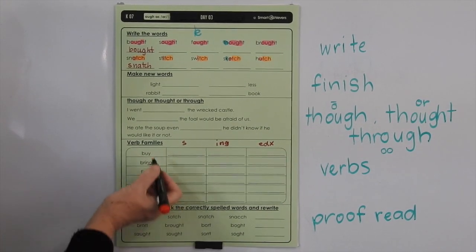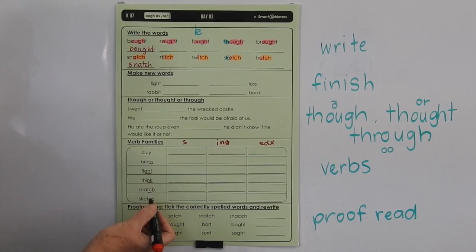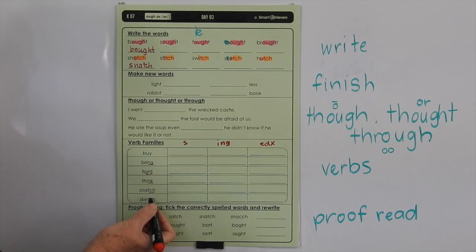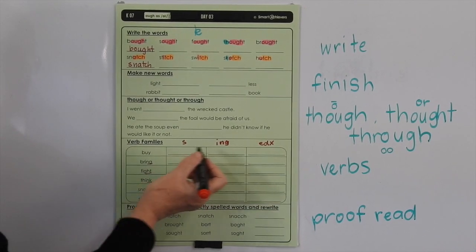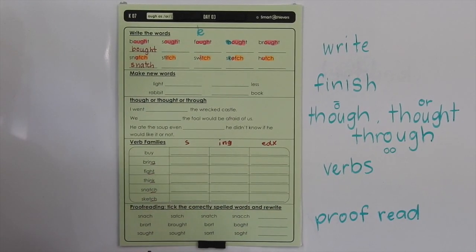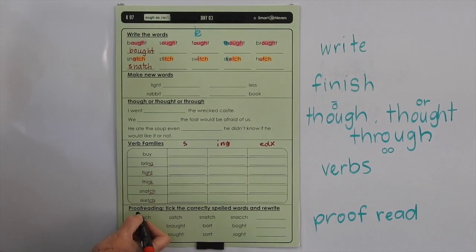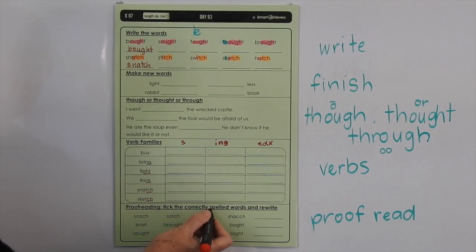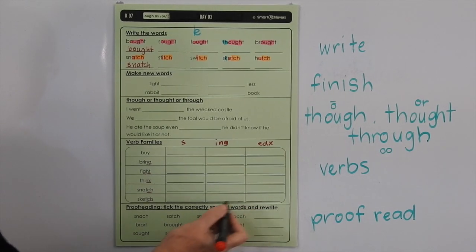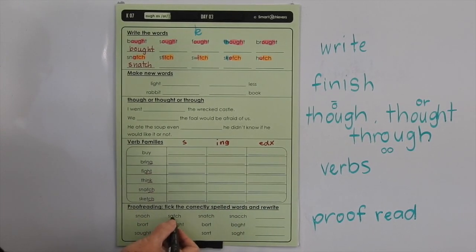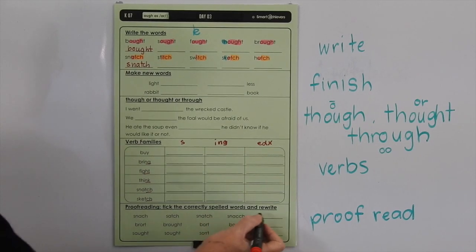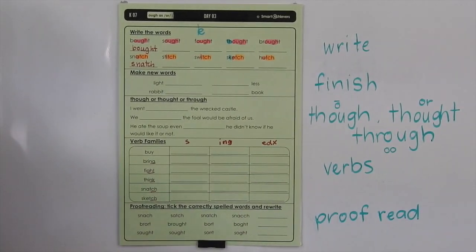So that's telling you if you have more than one consonant at the end of the base word, you're not going to double the last letter when you add the ing. So you can fill in that table on your own. Now, proofreading, tick the correctly spelled words and rewrite. So look at the line, which one is correct, tick it, and then write it there.